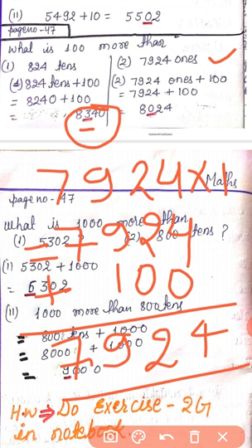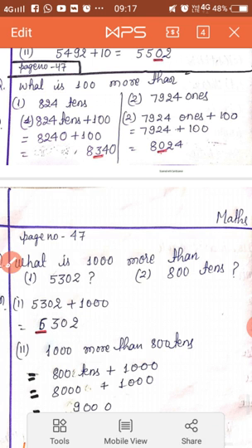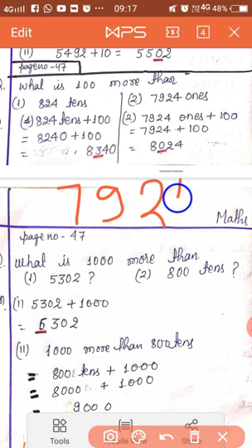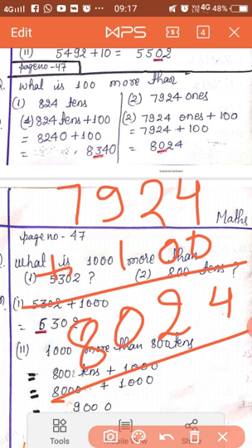Now what we see is the ones and tens place digits remain the same, and the hundreds place digit always changes, and the thousands place digit also changes, okay, if there is regrouping.